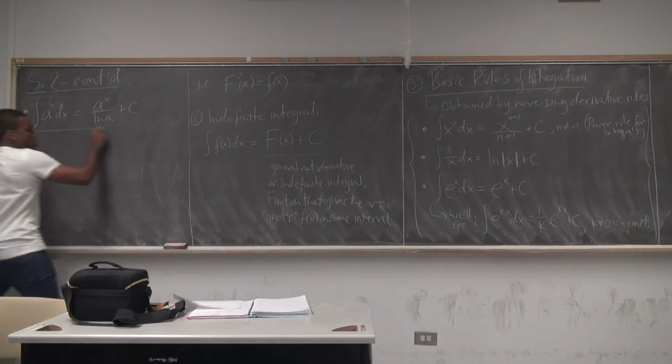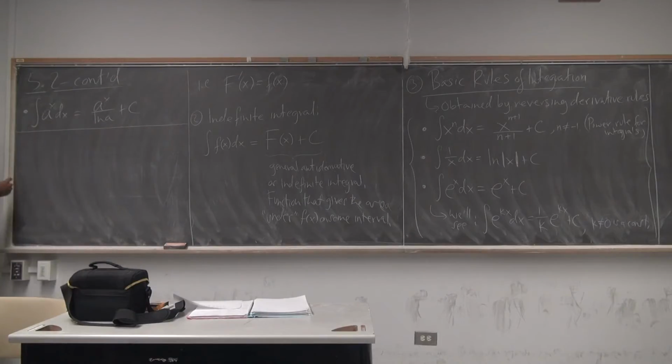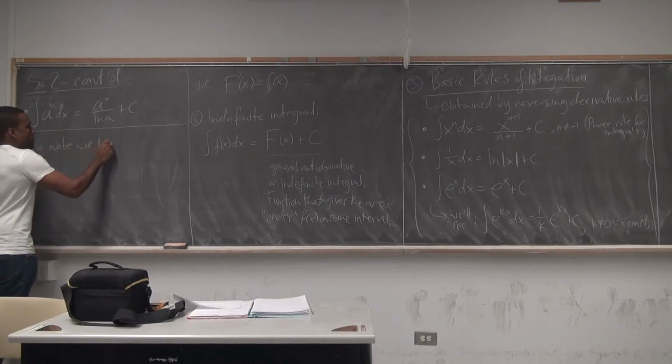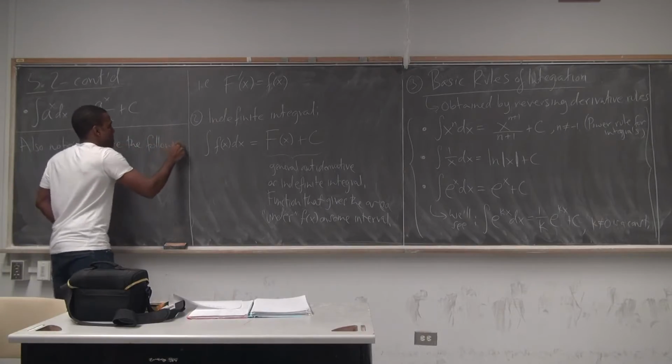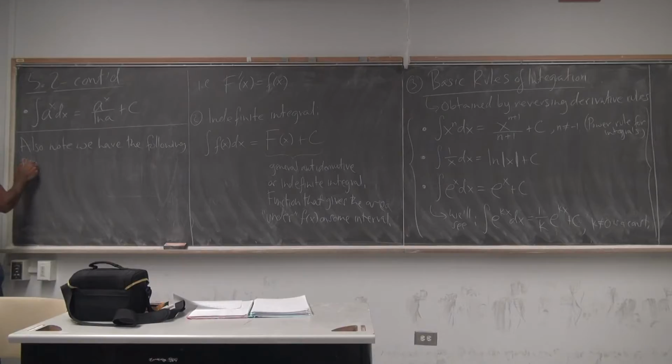Also note that we have some properties. These I didn't mention last time, even though for some of the exams we kind of used them. One property is, again, just like with derivatives, we have a constant factor rule.